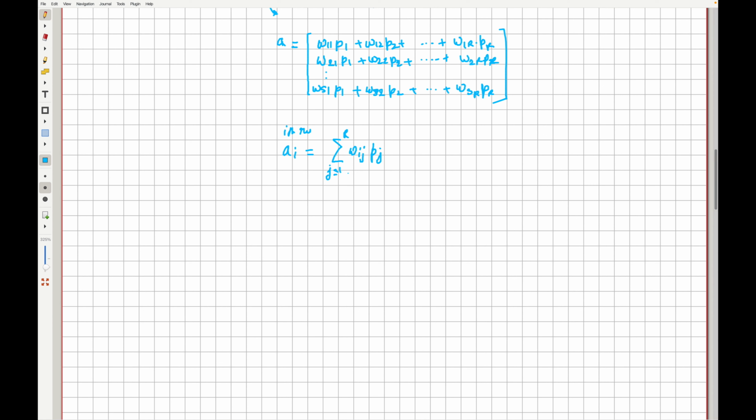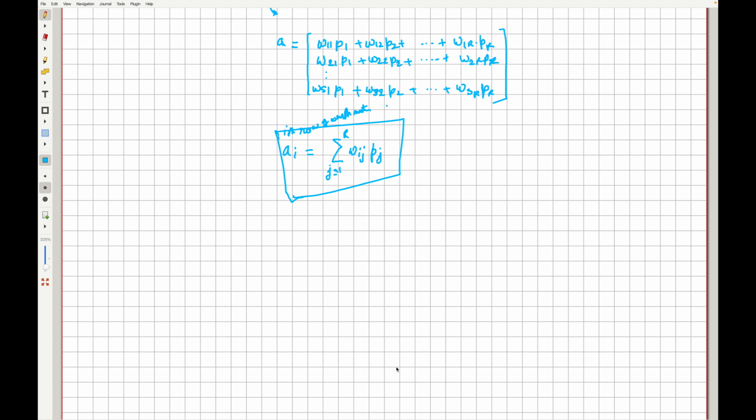So this is the ith row of the weight matrix, and P is the input. This is the general notation for how to get a particular output for a given input using the weight matrix W.